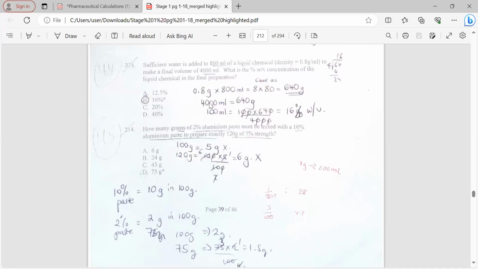Sufficient water is added to 800 ml of a liquid chemical whose density is 0.8 grams per ml to make a final volume of 4,000 ml. So what is the percentage weight by volume concentration of the liquid in the final preparation?